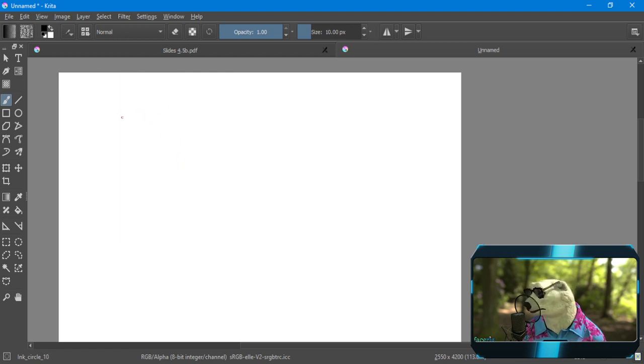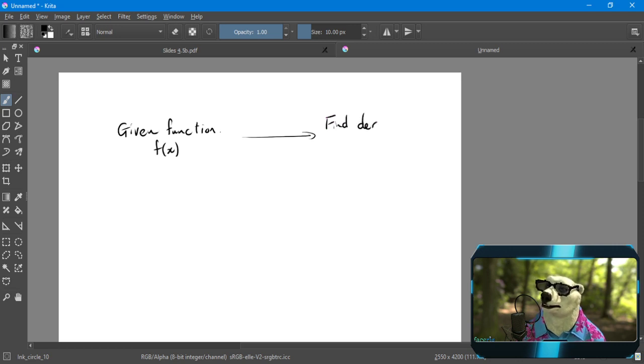So in the past, we have done the following. We were given a function, and let's call it f of x. We then have to find the derivative.